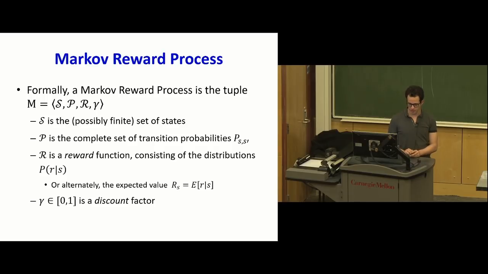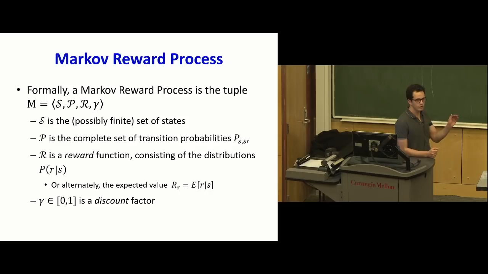So now we formalize that. You've got your set of, we're going to say, finite states. You've got the transition probability matrix P(s, s'), and you've got a reward function, which we can call a reward distribution. So that's the probability of the different rewards conditioned on the states.